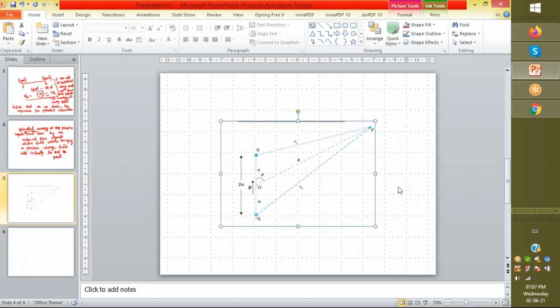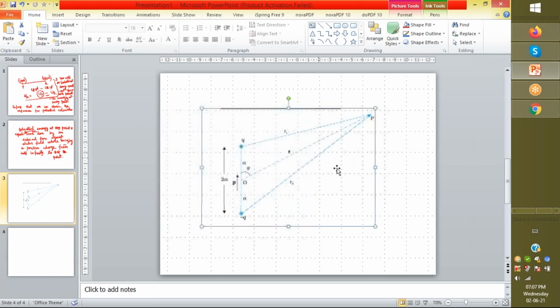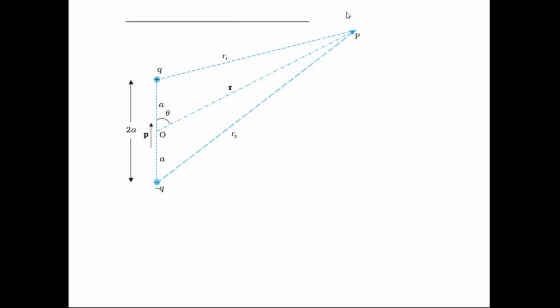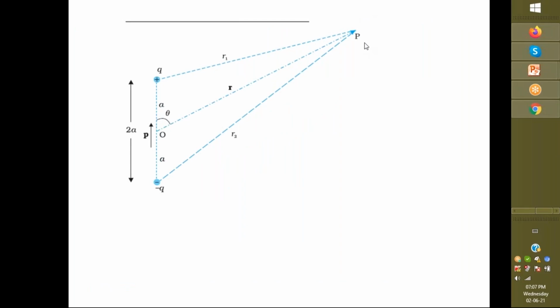What is our aim now? We are going to derive an expression for potential for an electric dipole. Here I have taken the electric dipole.